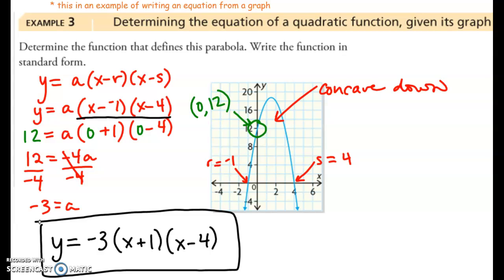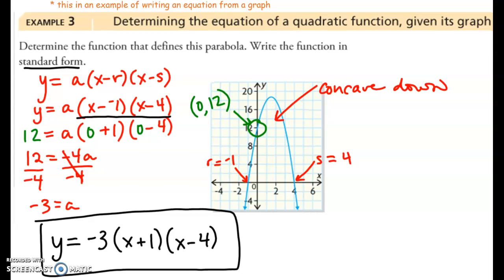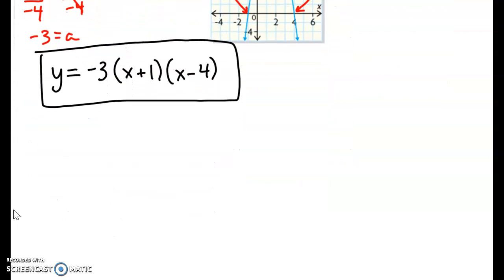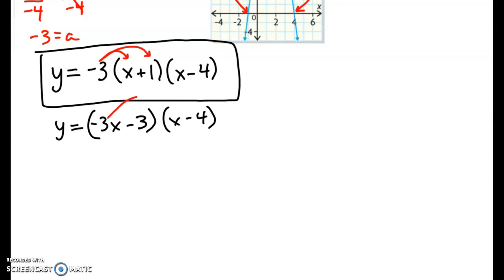Now, it might ask you to write the function in standard form. I'm looking back up, and it does say it wants you to leave it in standard form. Remember what standard form looks like? Yeah, so there's a little bit of multiplying left here. Let's multiply this through. So, y is equal to, and I'm going to distribute the negative 3 through the first factor, negative 3x minus 3, and I'm multiplying that by the second factor. Now I'm going to do FOIL, okay? So first, outsides, insides, last multiplication.